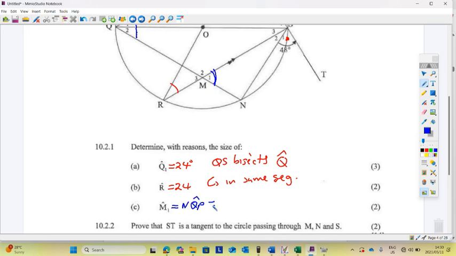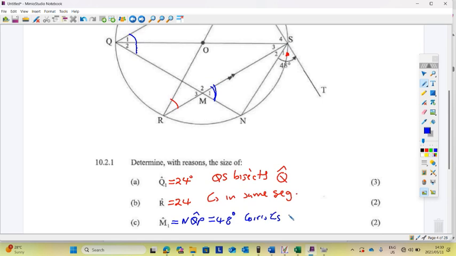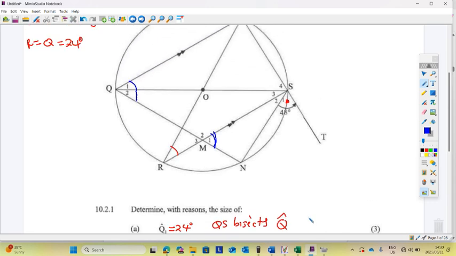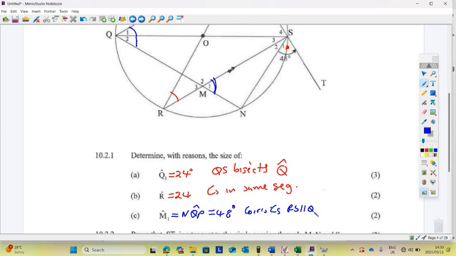NQP, and that is equal to 48 degrees. And the reason for that, corresponding angles with the parallel lines, RS being parallel to QP. Remember, whenever you state anything that is created by parallel lines, you need to state the parallel lines. So M1 is 48 degrees.